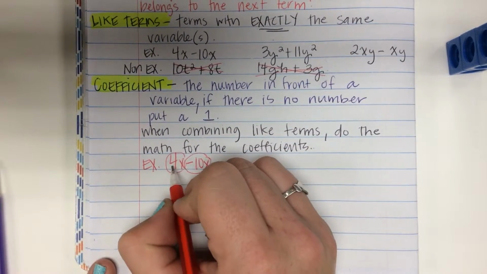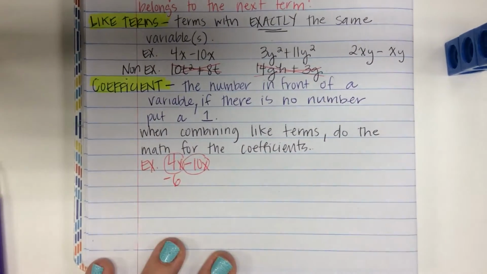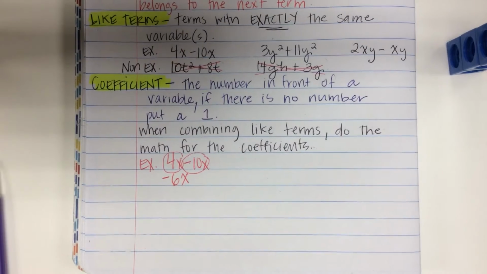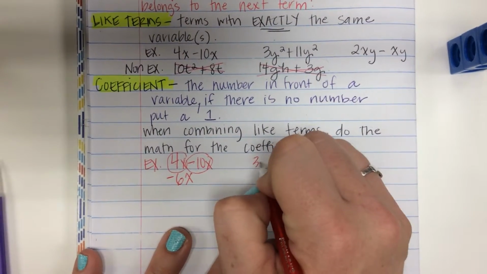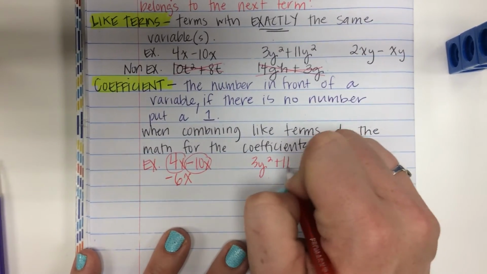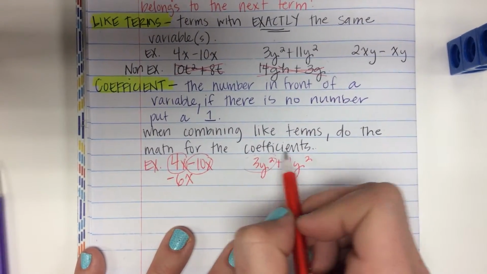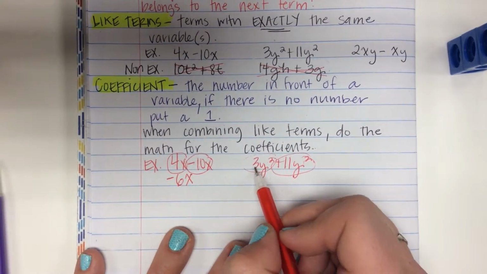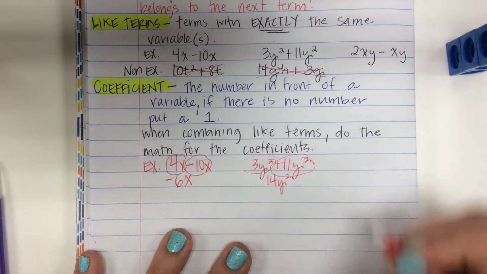Okay, so 10 minus 4 is 6. And I did it backwards, so it's negative 6x. If I was doing 3y squared plus 11y squared, they're like terms, so I can put them together. 3 plus 11 is 14y squared.